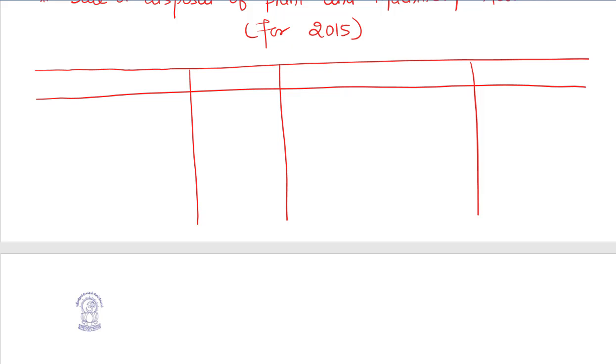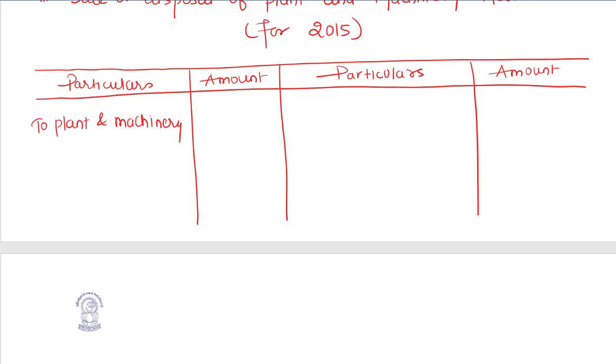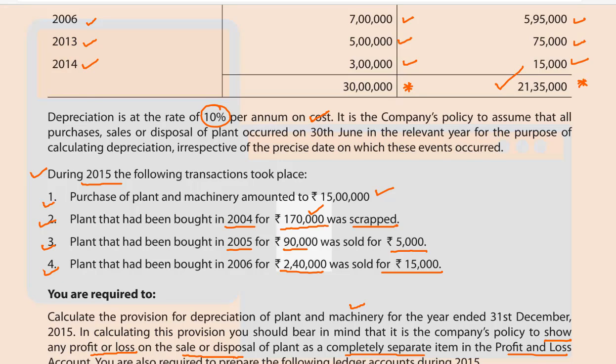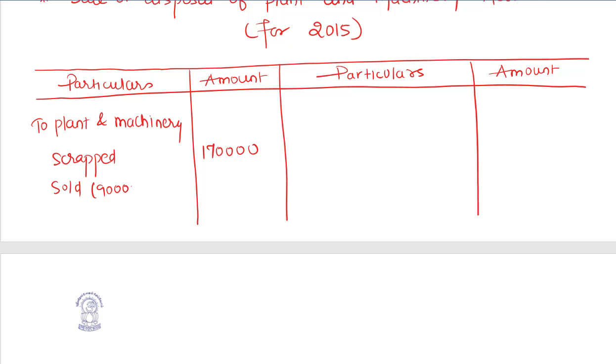Particulars, amount. To plant and machinery: machinery scrapped 1 lakh 70,000, machinery sold 90,000 and 2,40,000, that is 3,30,000.